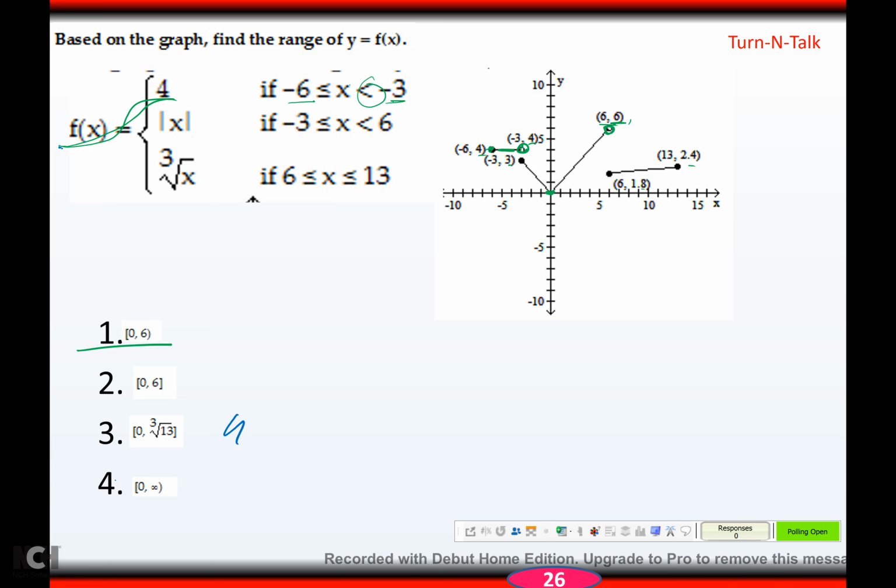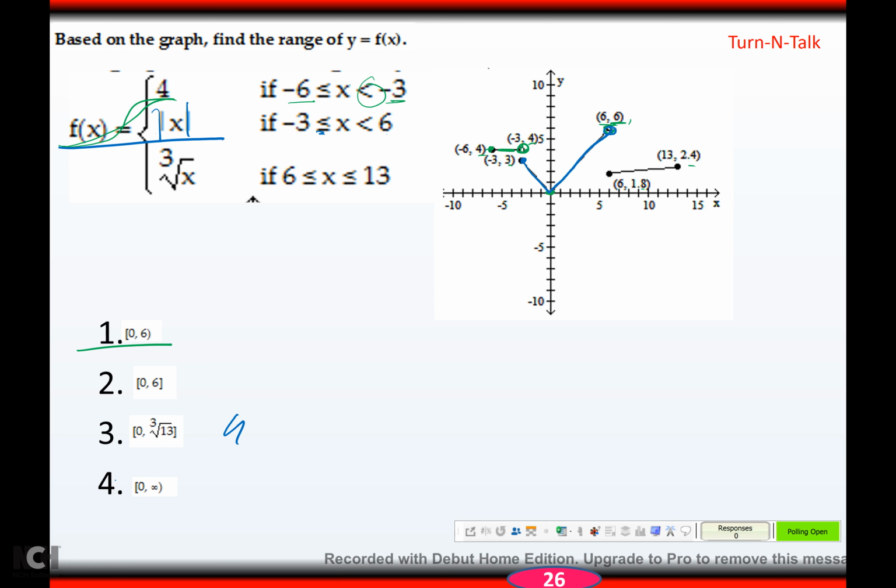Okay, so in blue I have f of x equals the absolute value of x from negative 3 to positive 6. If I plug in negative 3, I get 3, and it's included. If I plug in 6, the absolute value of 6 is 6, I get 6, it's not included, and I know that absolute value makes a V shape.